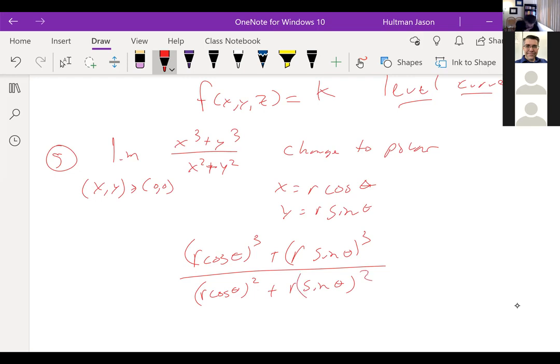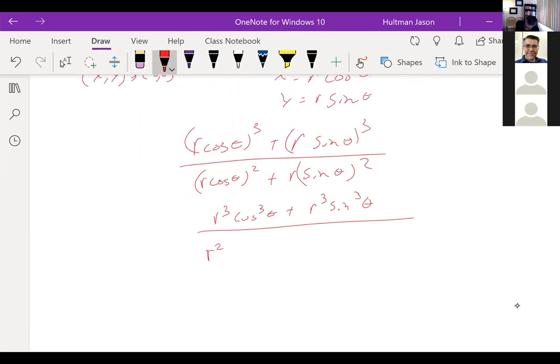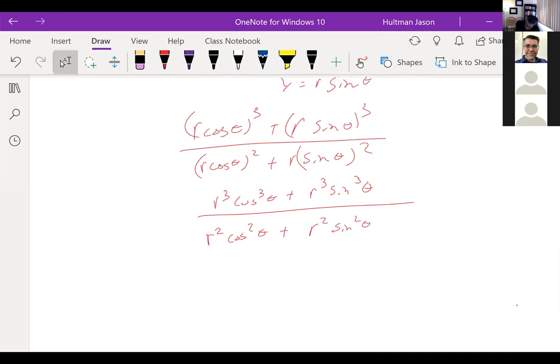So this is going to be equal to r cubed cosine cubed theta plus r cubed sine cubed theta all over r squared cosine squared theta plus r squared sine squared theta. Now let's just factor out an r squared on the top and an r squared on the bottom.